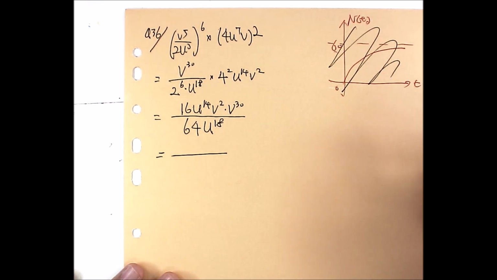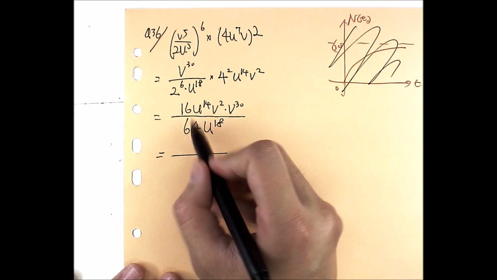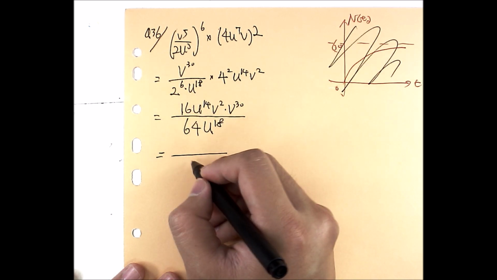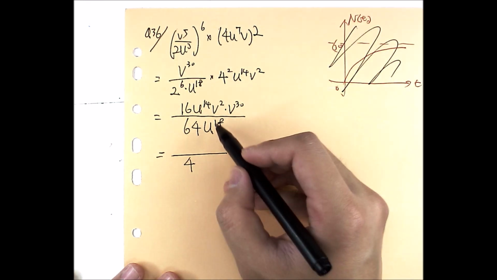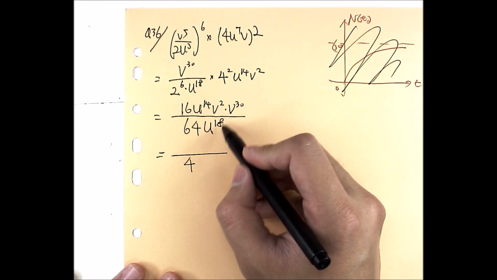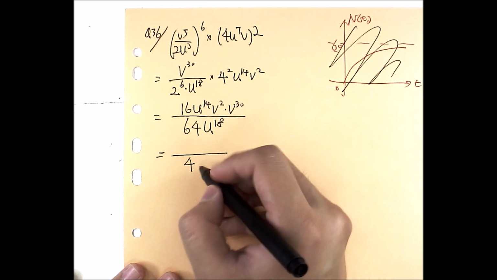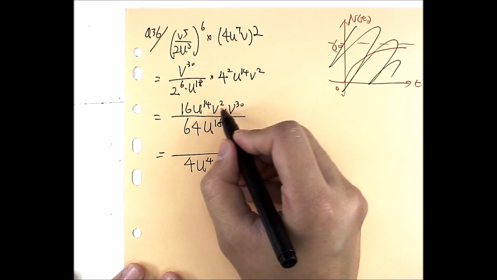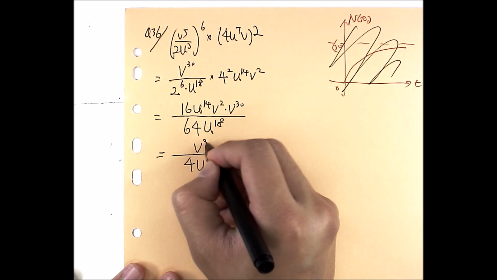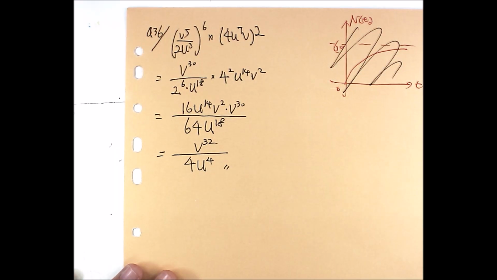Okay? 16 and 64 cancel, become 4 at the below. And then for the u, 18 minus 14 become 4, right? At the bottom. And the v, these two should be doing addition, 32, and then the result.